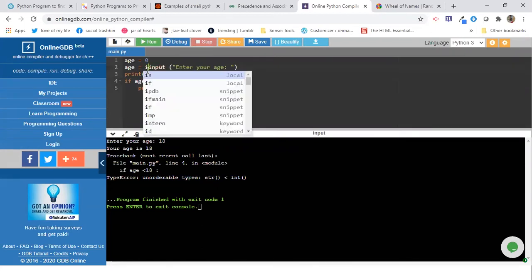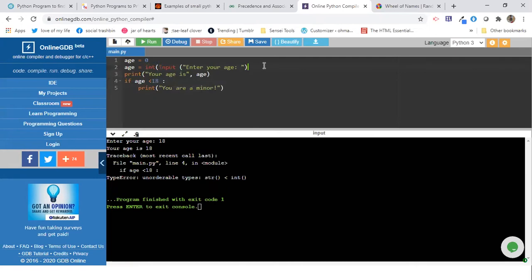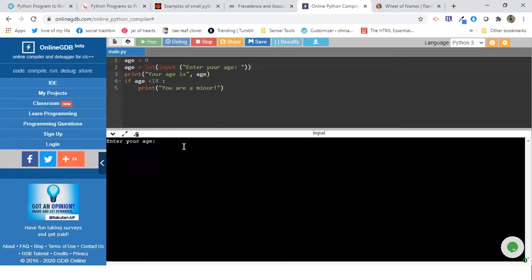Kailangan pareho silang integer for the compiler or the interpreter to be able to compare two values. 18 less than 18. False. Okay. So this if statement, ganito po yung syntax ng if statement. We use the keyword if followed by your condition or your question that is answerable by true or false.